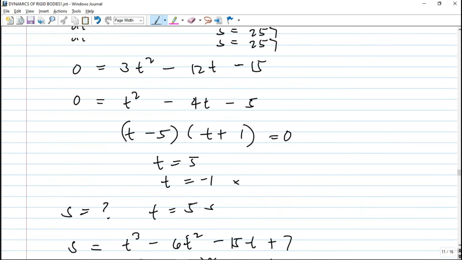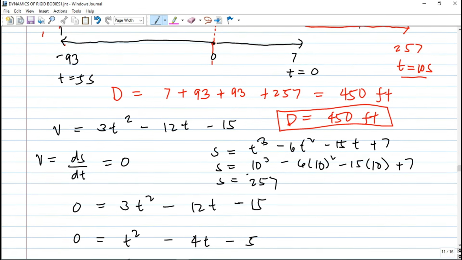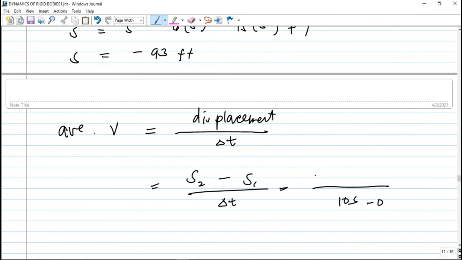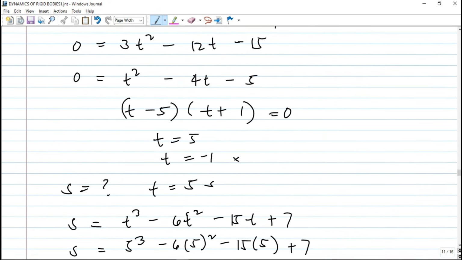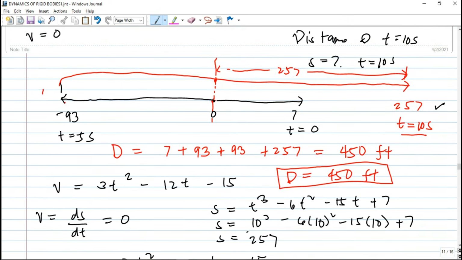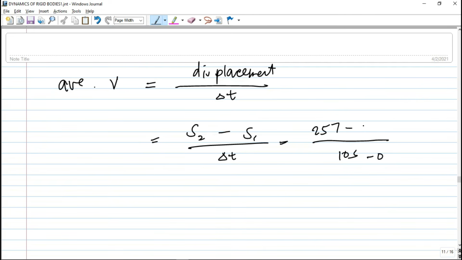So yung final position natin at time 10 seconds, that is 257. We have here 257 minus initial position natin S1. At time 0, the initial position is 7 feet. Okay, substitute lang natin. So, minus 7 here.